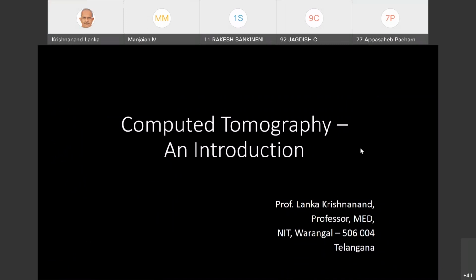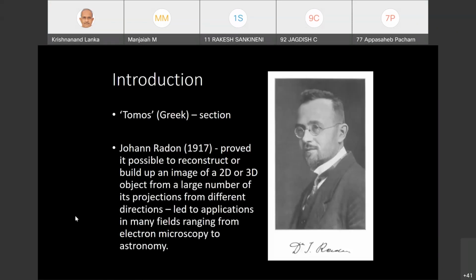So now, friends, sorry for the interruption. As I said, I'm operating through a hotspot because the place I'm in doesn't have a connection. Johann Radon proved in 1917 itself that it is possible to reconstruct or build up an image of a 2D or 3D object from a large number of its projections from different directions.